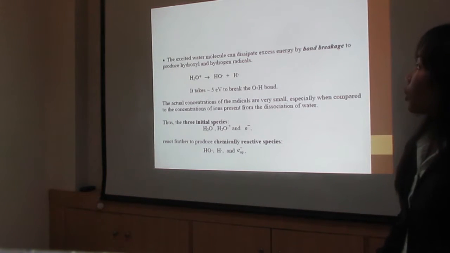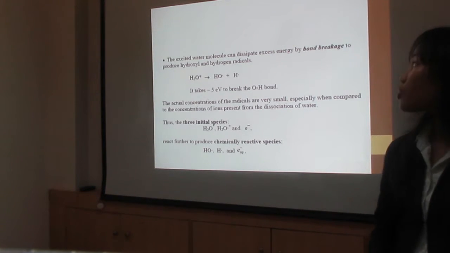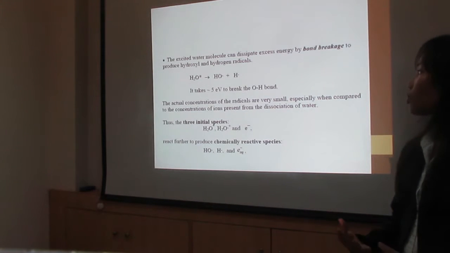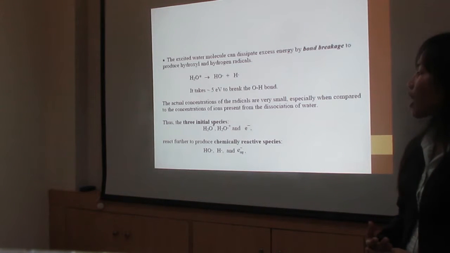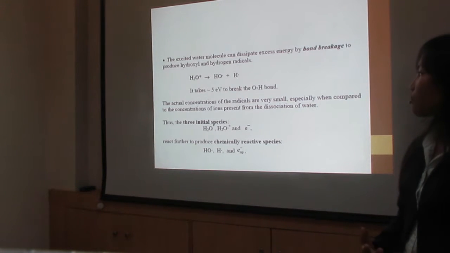The excited water molecule can dissipate excess energy by bond breakage to produce hydroxyl and hydrogen radicals. It takes 5 electron volts to break the oxygen-hydrogen bond. The actual concentration of the radicals is very small, especially when compared to the concentration of ions present from the dissociation of water.